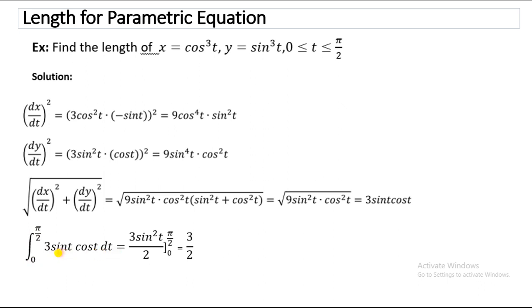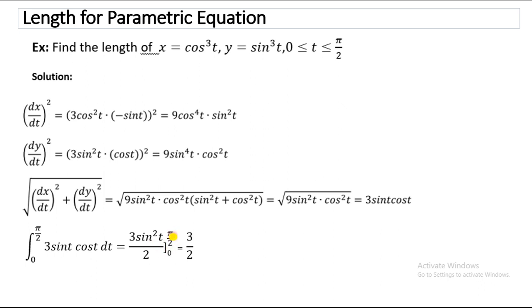Because the derivative of sine is cosine, I integrate sine to the power 1 to get sine squared over 2, multiplied by 3.